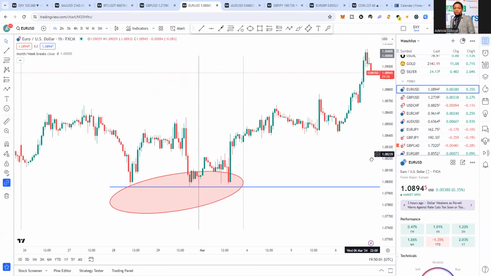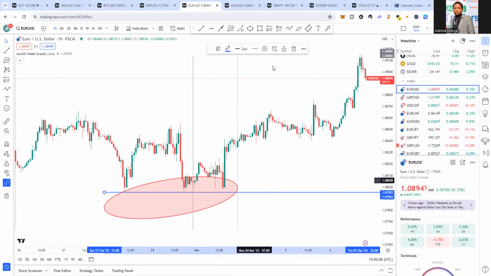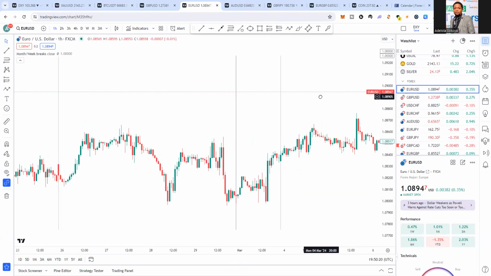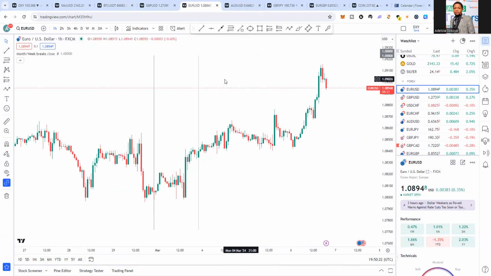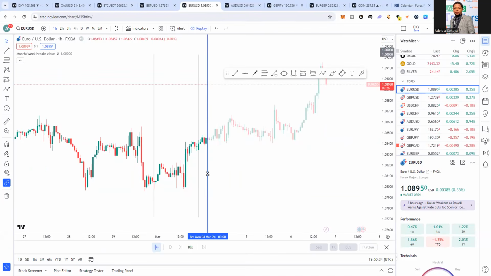So let me cut back price so that you understand what I'm saying. I'm going to remove this drawing that I used to identify this support. Give me 1 minute, I'm looking for this tool. This is it.